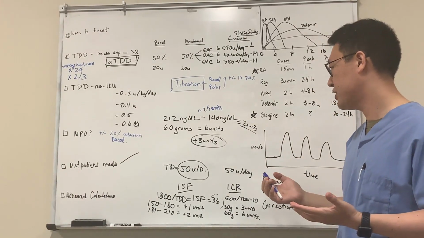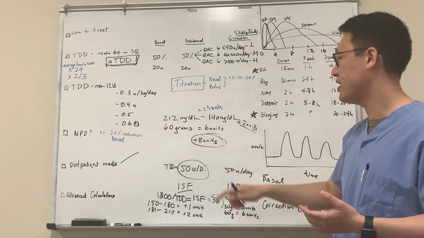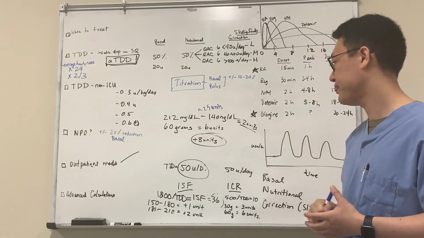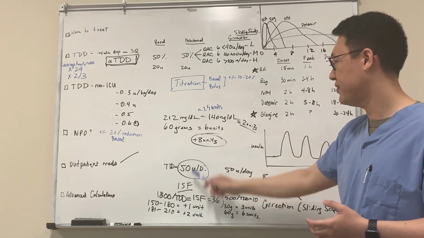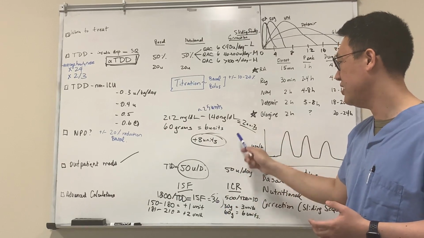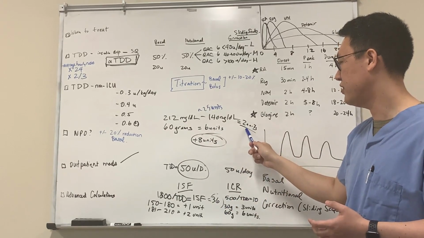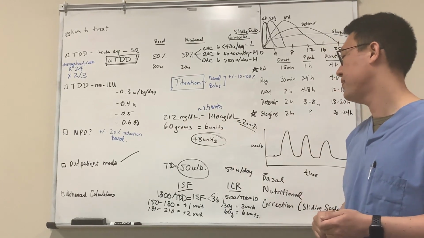He's about to eat lunch and he checked his finger stick and it was 212, and we'll say his target is about 140. We know from his ISF, if you take 212 minus 140 and divide it by 36, he needs about 2 units of a rapid acting insulin to treat his hyperglycemia.